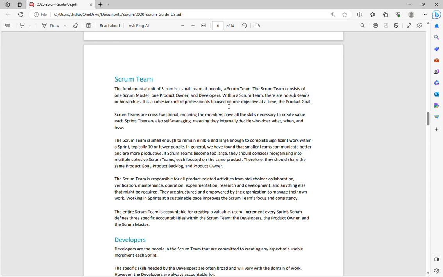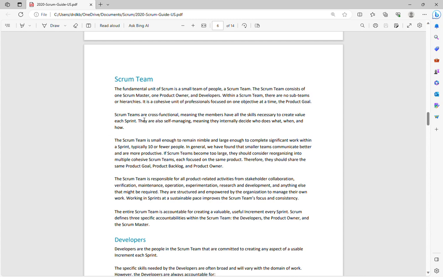And within the Scrum team there are no sub teams, so there is no separate development team or a separate testing team or a separate design team. All the developers, testers and the designers will work together as a single team towards the same product goal. So that is what is mentioned here. So everyone is part of a single team, which is called the Scrum team.